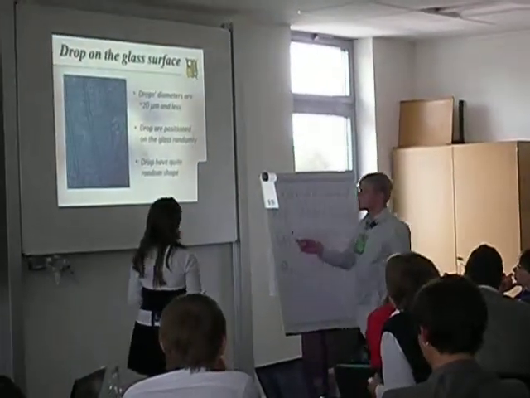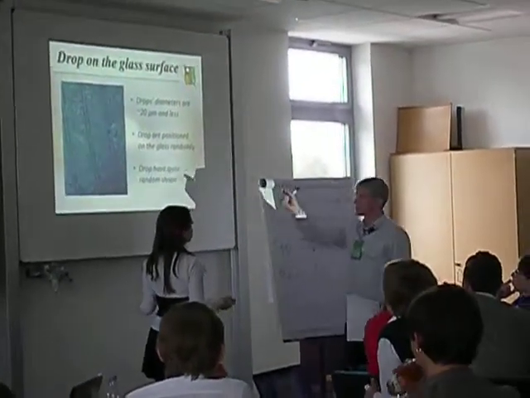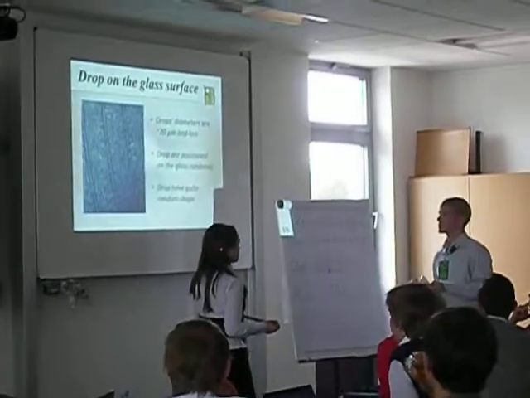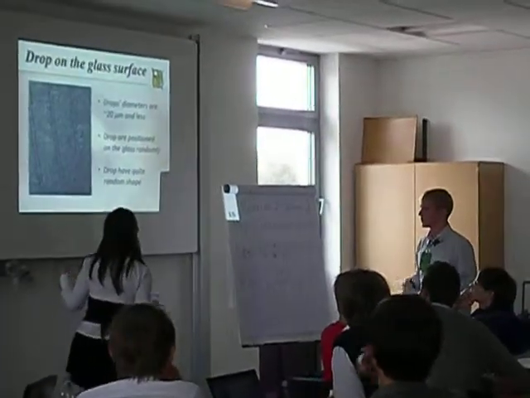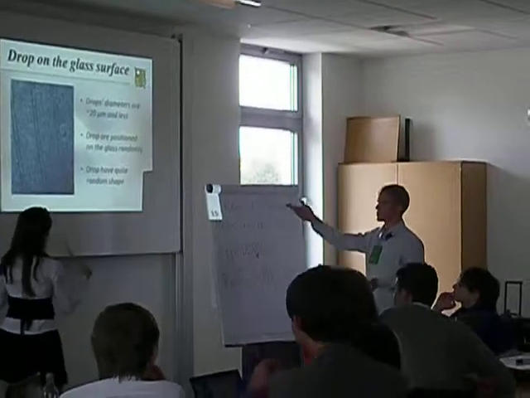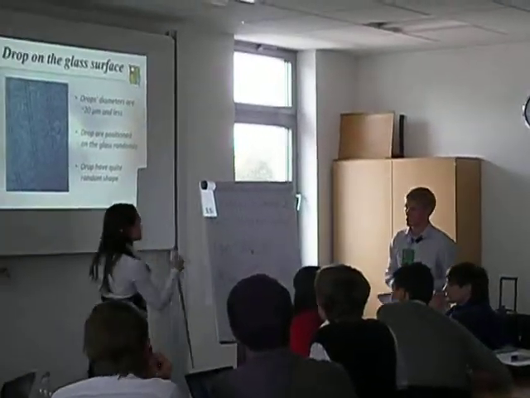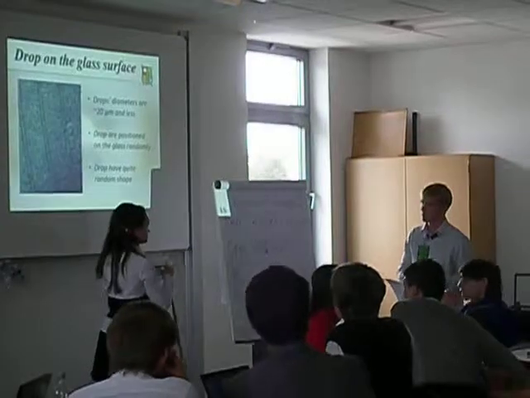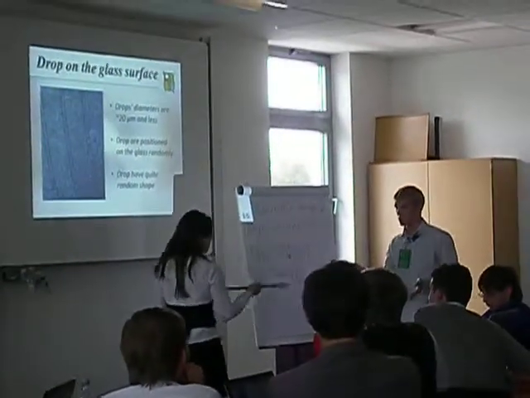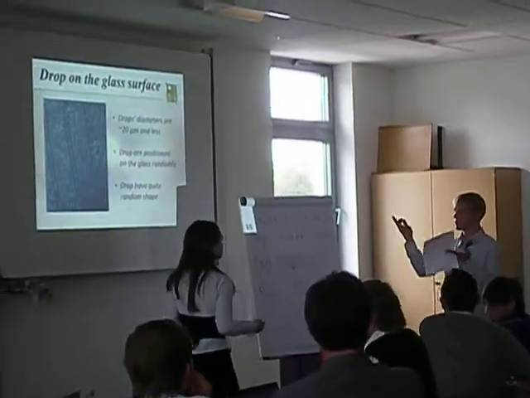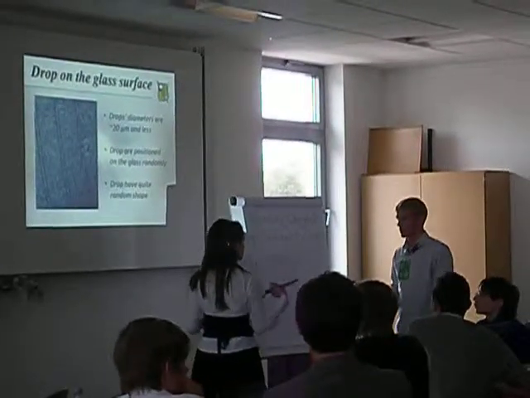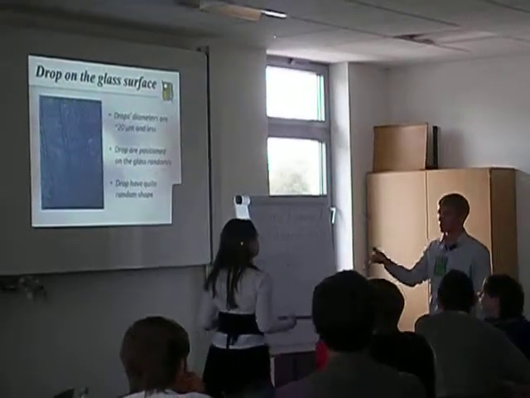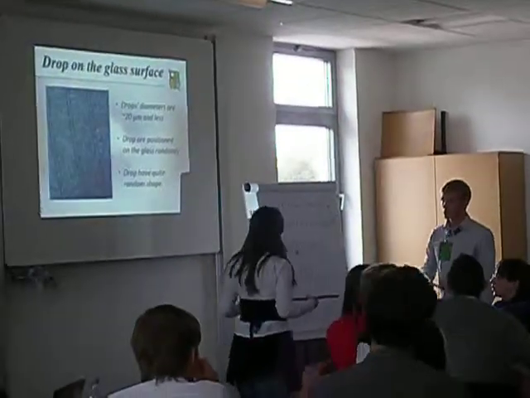I see, but am I right that the distance between the droplets is comparable with their size? The distances between neighbors are smaller than the parameters of drops. They're comparable, yes? It means that there is some short-range order there, some order in the distribution.